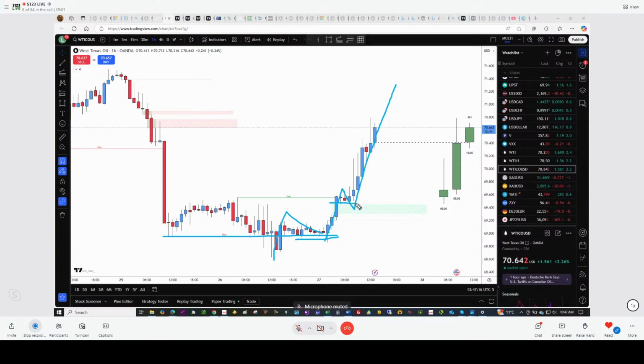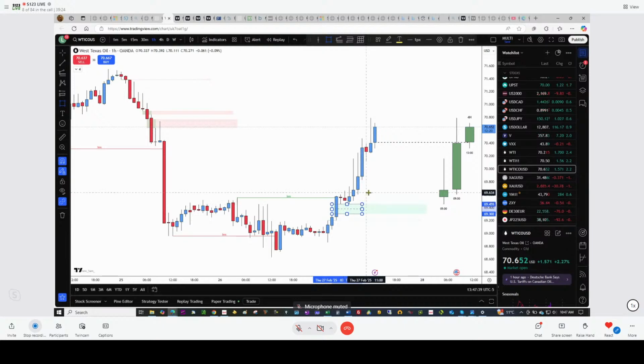Nice bounce off this gap here on the hourly. This is where the gaps come in so powerfully. If you can see this hourly gap form, immediately you can drop down to the 5 minute or the 1 minute and look for an entry.